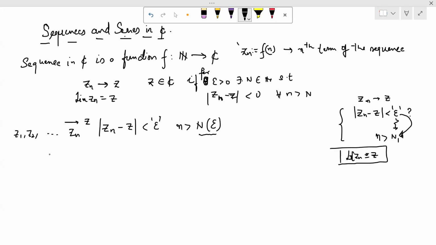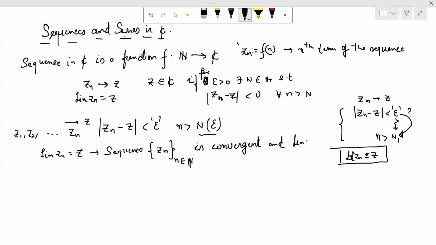By convergence, we actually mean that if I'm saying that limit Zn exists and it is some unique number, then we say that the sequence Zn is convergent, and precisely it converges towards Z. And by which I mean, given epsilon greater than 0, there must exist some N belonging to natural numbers such that |Zn minus Z| can be made less than epsilon for all n greater than or equal to capital N.